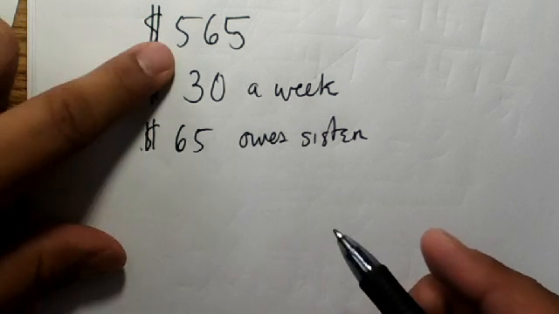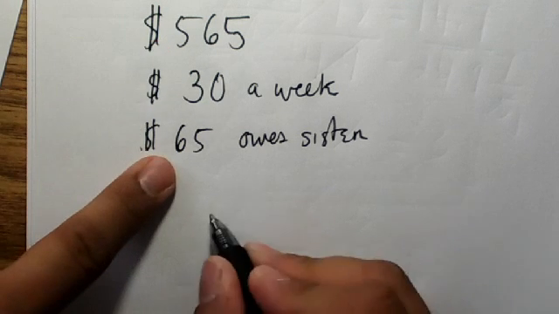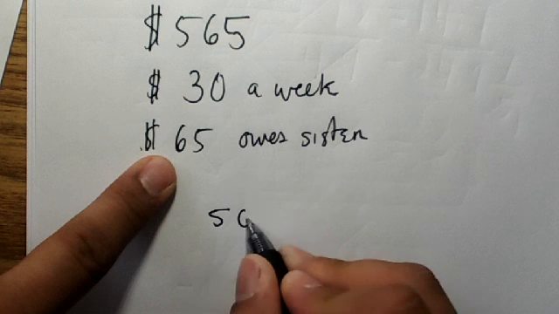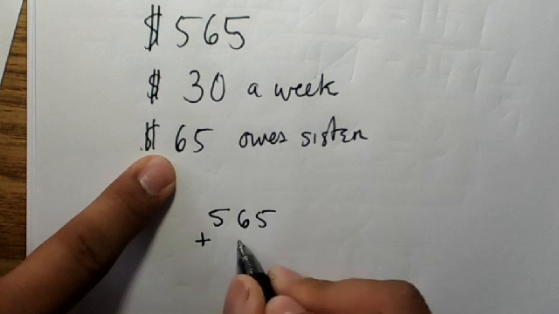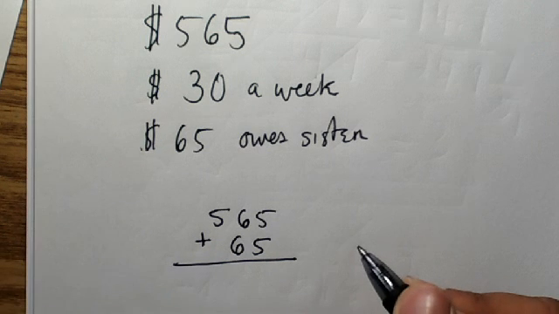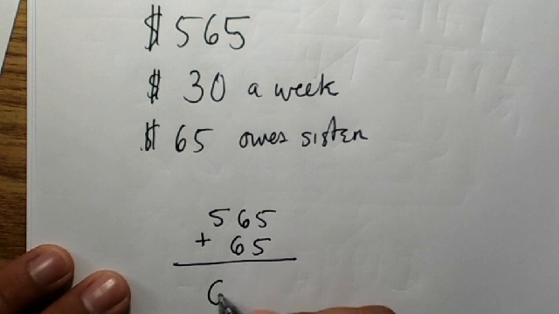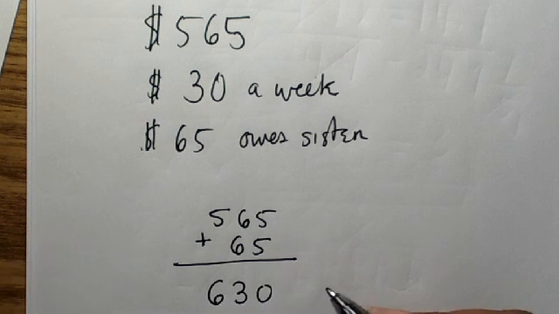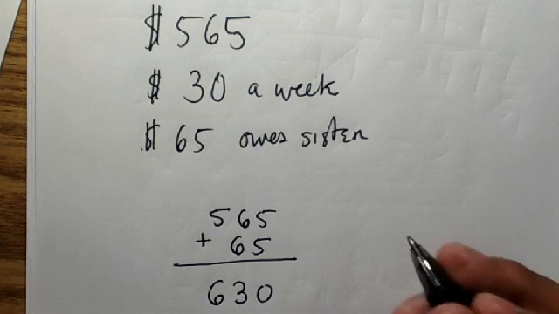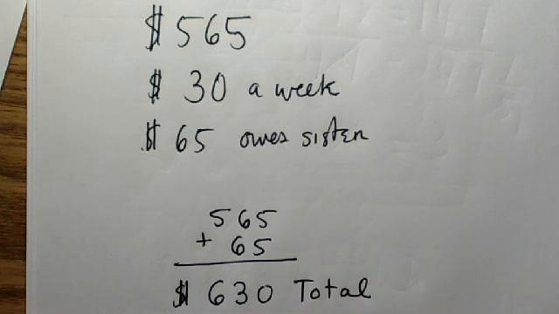The bike costs $565. So he's going to have to deposit $565 plus the $65 he owes the sister, which gives us a total of $630. Do you all see that? This is the total he's going to have in his savings.